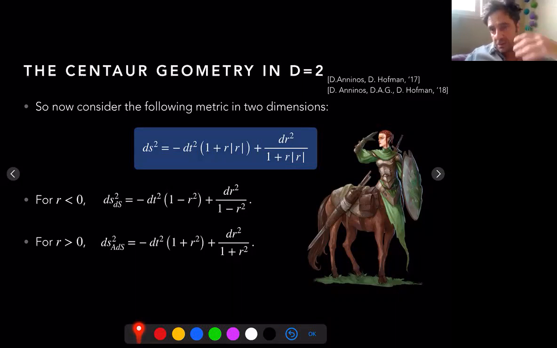So the question is, if at r equals 0 you want to satisfy the Israel boundary condition, or more precisely the analog of that, you will have some source, actually. You will have some thin shell or something like that. Does it satisfy or not the energy condition?